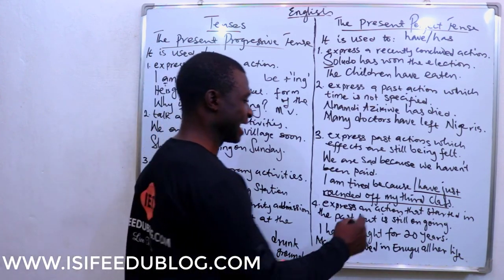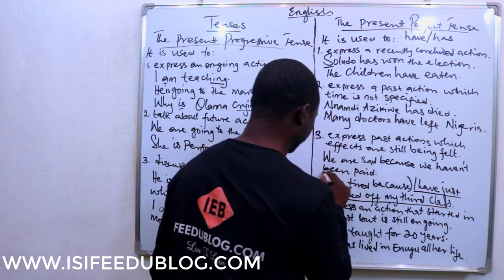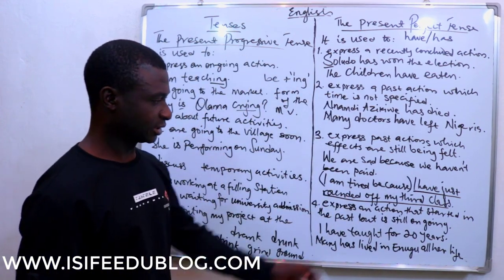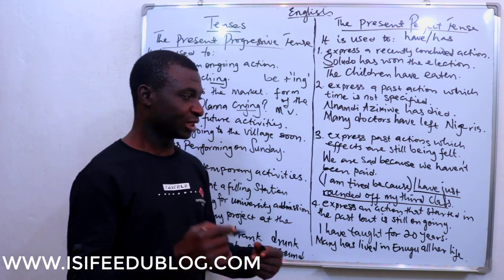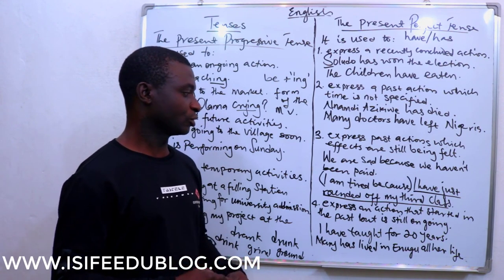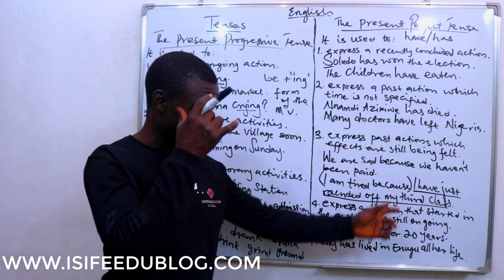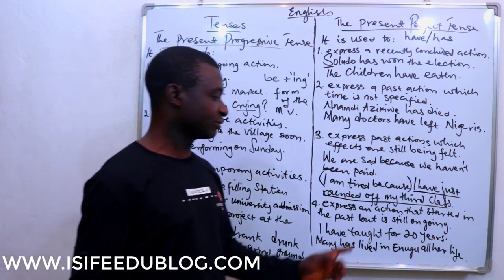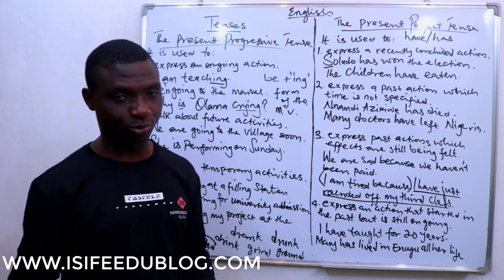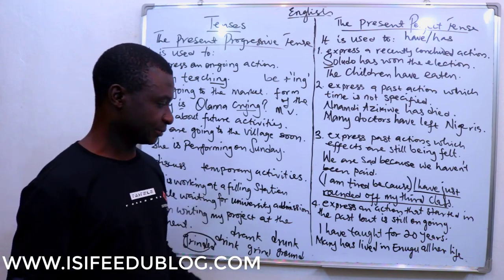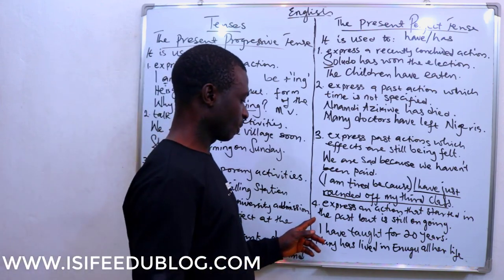So even if this clause is not there, this sentence could still convey the idea. Why I have put it is to easily link you to why this has to be so. I have just rounded off my third class, and that's why I am tired. Okay.